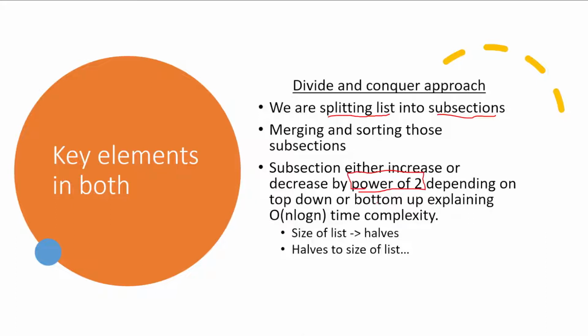So it depends on whether it's the top-down or bottom-up approach. If it's the top-down approach, we're going from the full list, going down by half every time. The bottom-up approach would start at 1, going to 2, going to 4, up until those subsections reach the length of the list.